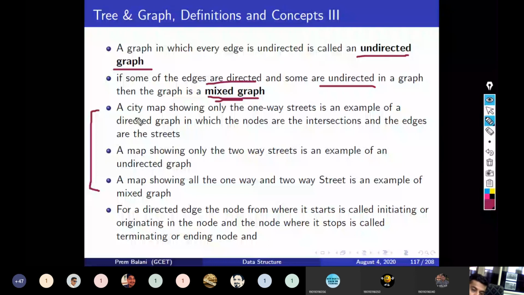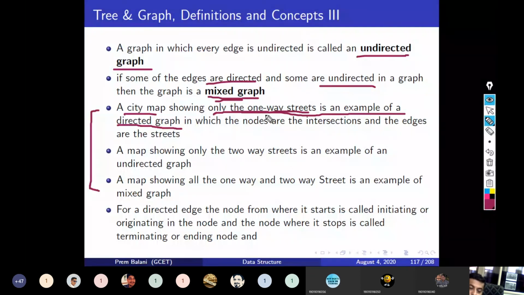A city map showing the one-way streets is an example of a directed graph, right? Only one-way streets, because every edge must have a direction, and if all streets are one way, it shows the direction.